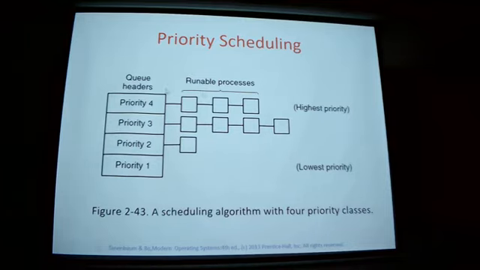We group the processes into multiple groups. This is the first group, the second group, the third one. Each rectangle here represents a process.